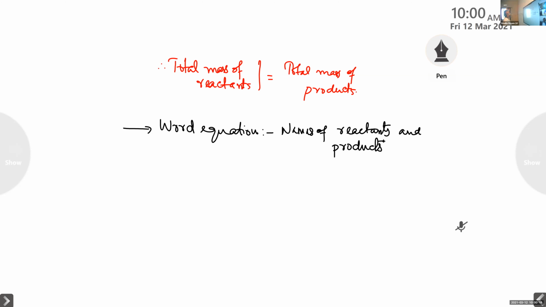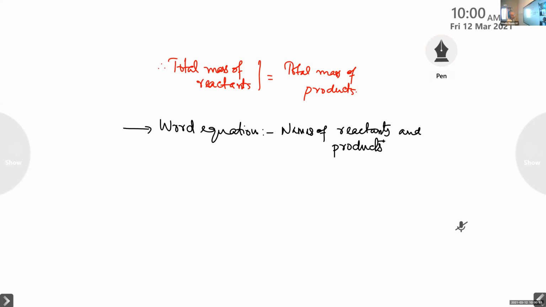But word equation is also a lengthy process. But the symbols and formulas, they are better. Anyhow, we must try the word equation also. So in the word equation, we write the exact names of the reactants and products, instead of writing the symbols and formulas.